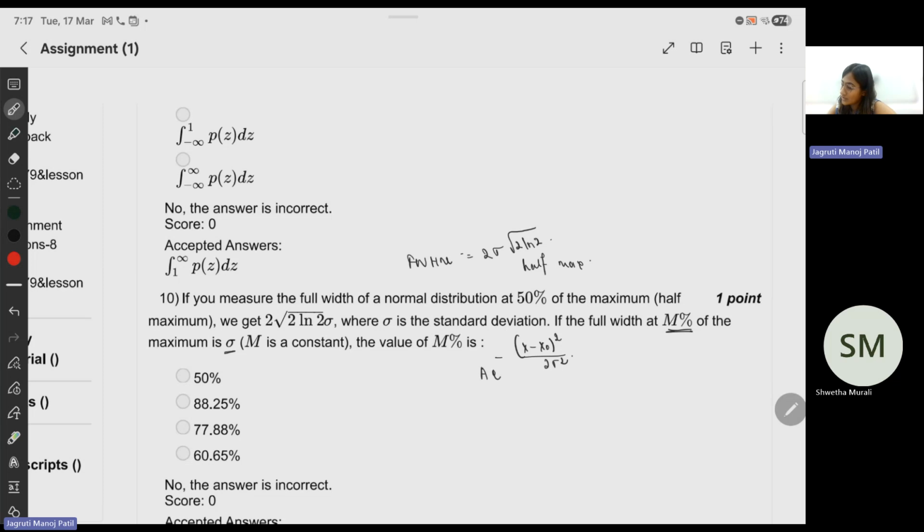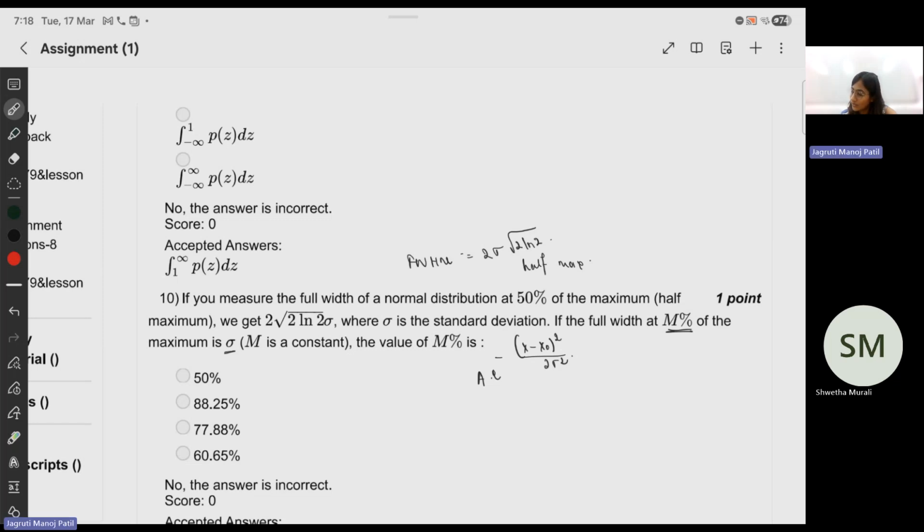And then your A was given to you. So this is like full width half maxima. Should we write it as A or should we change it? Let's write it as A. And then they are saying 50% of the maximum, we get this. Full width half maxima is given to you. But we already know that when it would be A by 2, you have the answer to it.